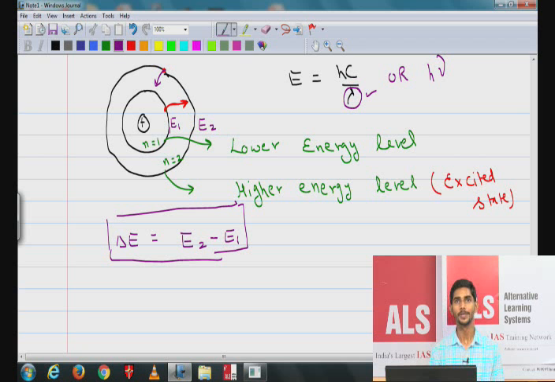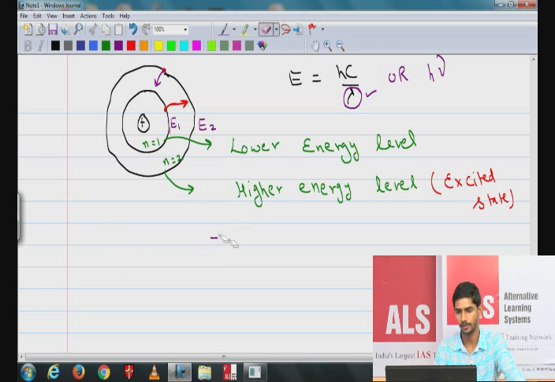Remember, whenever there is a transition in which the electron goes from a lower energy level to a higher energy level, or from a higher to a lower, we always use the relation delta E equals 1 upon n1 square minus 1 upon n2 square, times Z square, and there is some constant, which is 10966. Look at this again, which I have just derived for you.